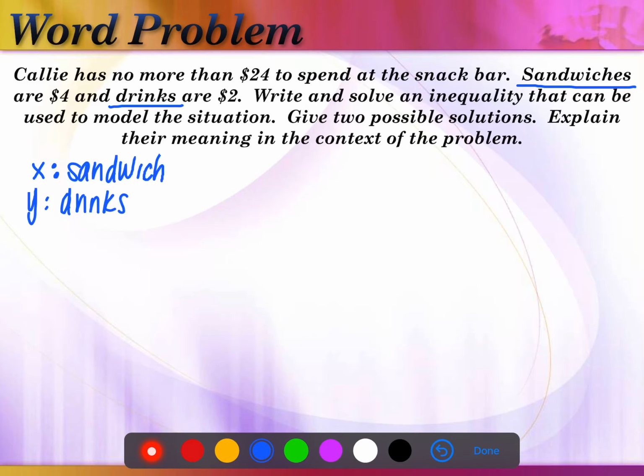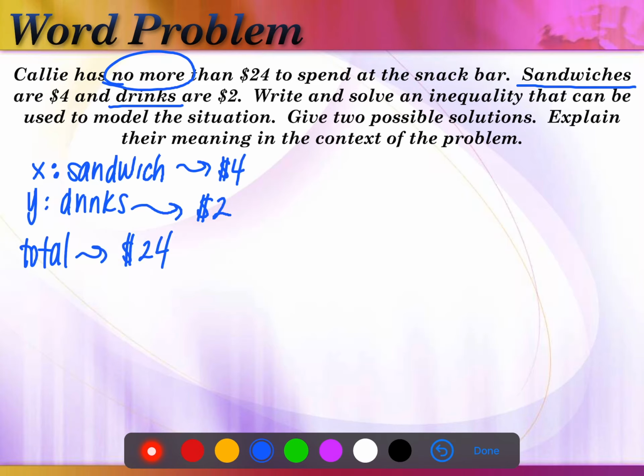Y is drinks. I see a turnaround word, no more than $24. Okay, and while I'm at it, I see that sandwiches are $4 and drinks are $2.